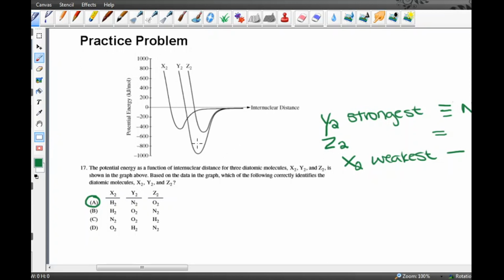Now, what might be a little confusing to you guys is it appears that the triple bond, this nitrogen triple bond, N2, and the oxygen double bond, the O2, if this is increasing internuclear distance, it appears that your hydrogen, sorry, didn't label my hydrogen, is my shortest bond, which doesn't make sense based on what we were just talking about.